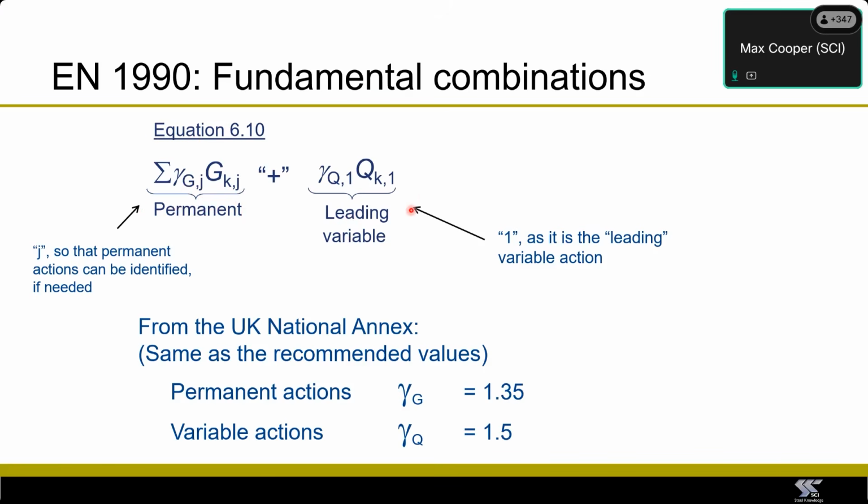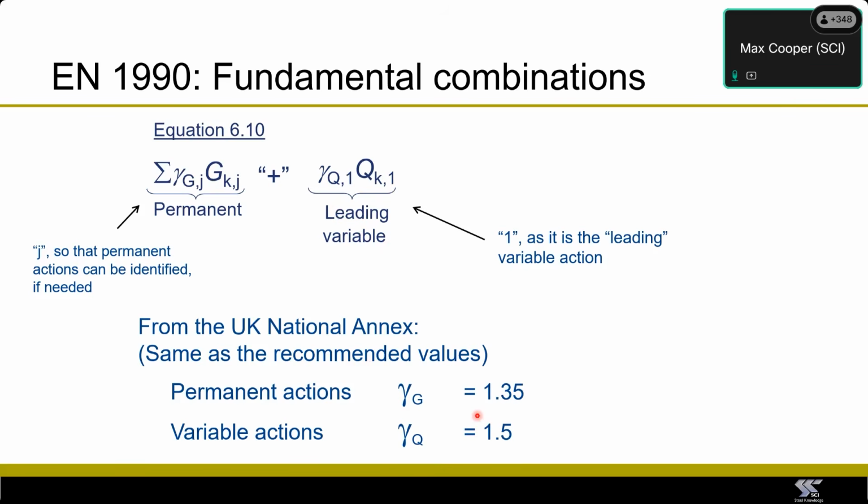If we now look at the expression on the right-hand side, we have the leading variable load. So we have QK, the characteristic value of the variable action, and then we multiply that by gamma Q. Again, we go to the UK National Annex and we find that gamma Q is 1.5. So hopefully everyone's familiar with this expression.